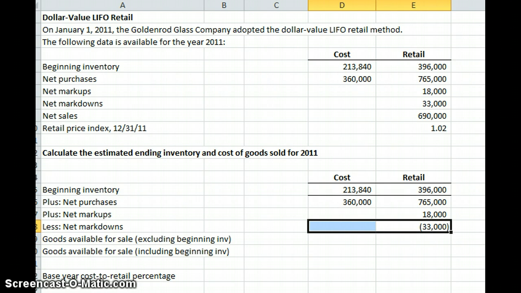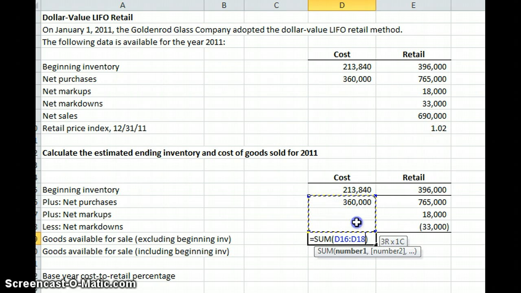Okay, I'm going to draw a line here, and this is going to give us our goods available for sale for both. So I'm going to do an auto sum, and we're just going to go up to there. So I have 360 available for sale, excluding beginning inventory.